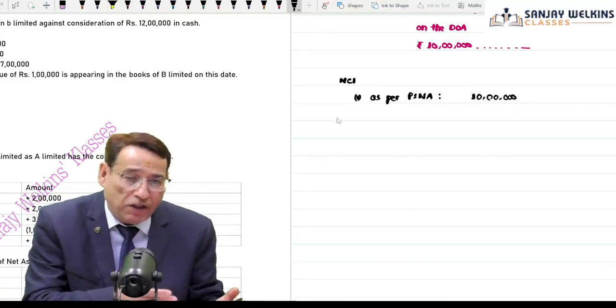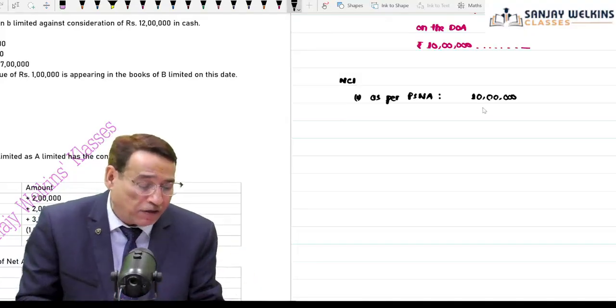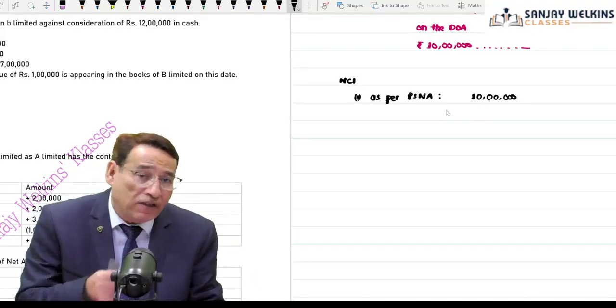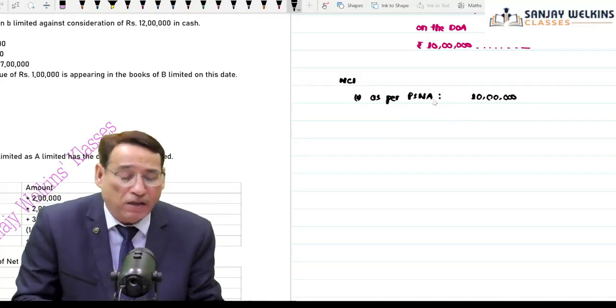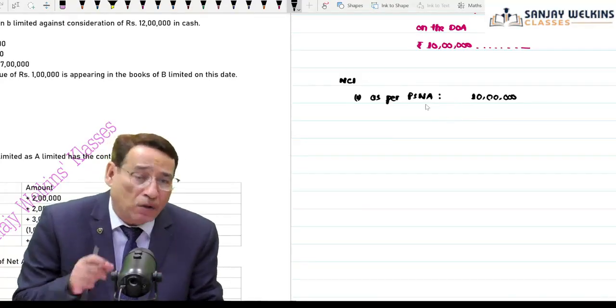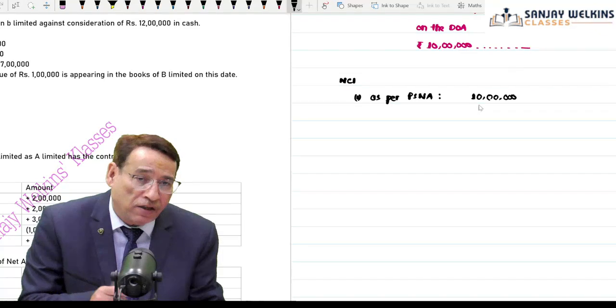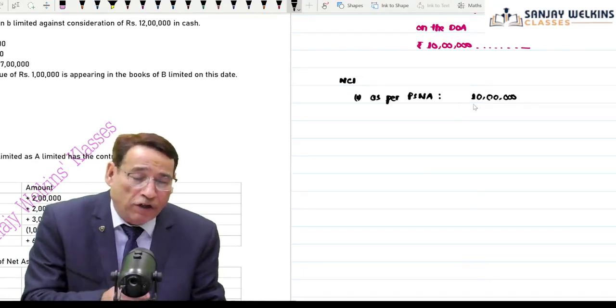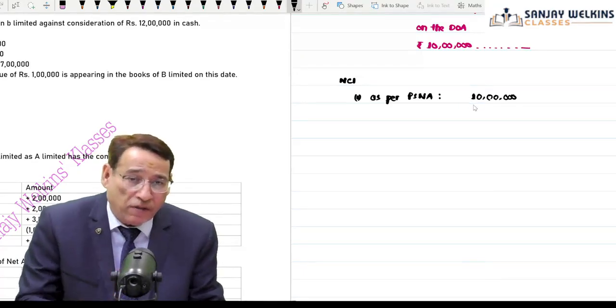Because NCI has 30% stakes in A2, we have 70% stakes and other shareholders have 30% stakes. So when we say 30% stakes, that means the other shareholders also have a share in the net assets of the acquiring company to the extent of their holding, which is 30%.